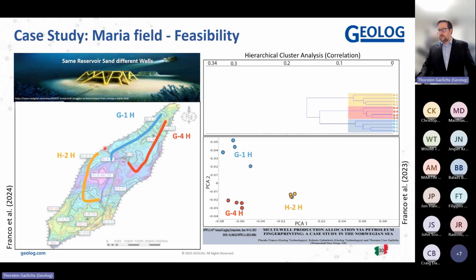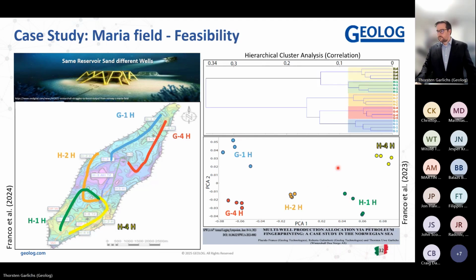The H2 is a middle well coming in here, and here we have also the part that this is between the sample sets. So this is the northern part, middle part, and then we start with the southern part. So the H1 is in the south coming in, and the H4. So you see 2 important things.